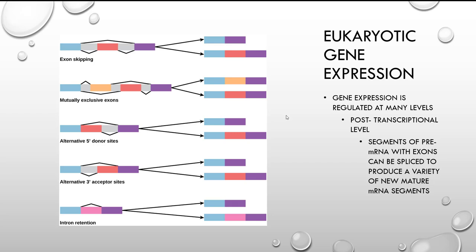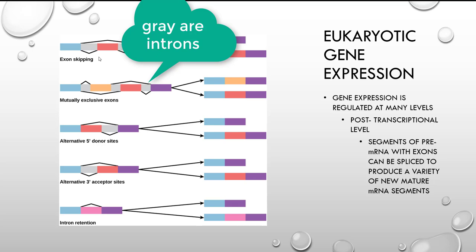And when this happens, we can end up having different things getting spliced out. So here's an example up here where one of the exons gets skipped. So we could end up having, for example, the gray, by the way, are the introns. Okay, so we're supposed to remove the introns.